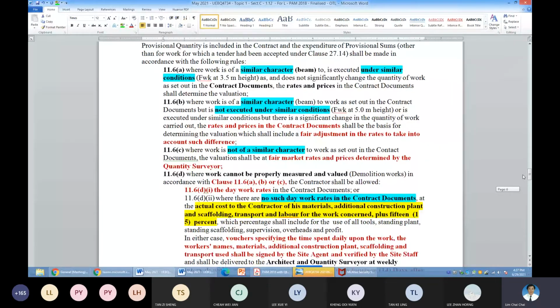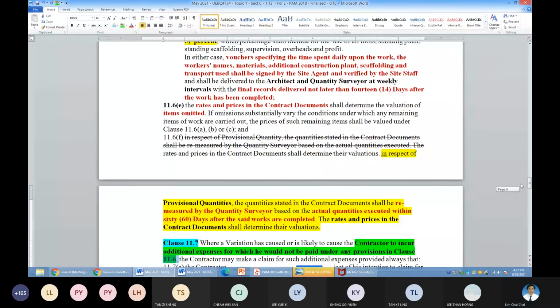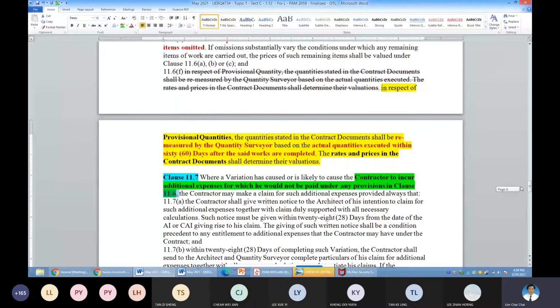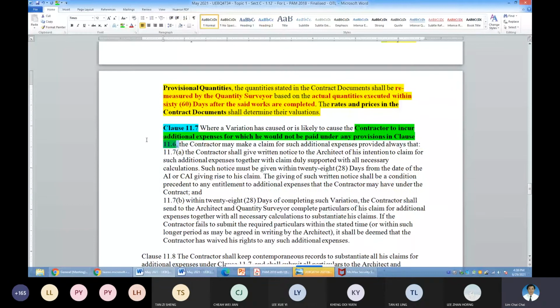But if the contractor has every ground to say that additional expenses were incurred on top of the provisions in clause 11.6, then the contractor must follow this procedure. If the contractor doesn't follow this procedure, more often than not, the rights of the contractor to these additional expenses would be extinguished.